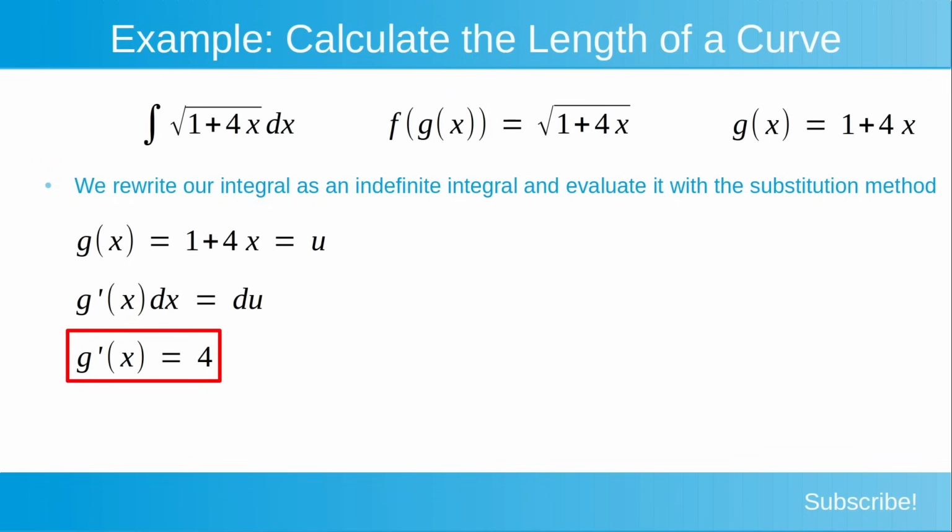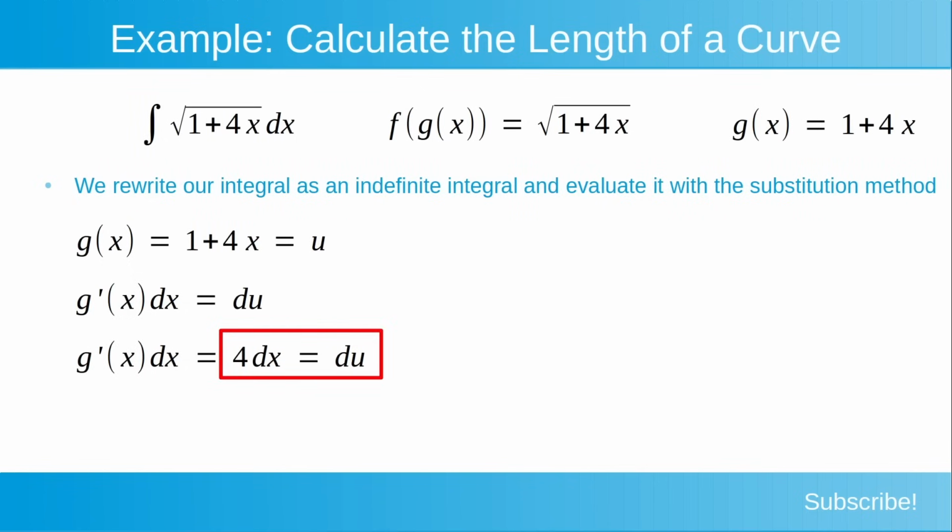When we do this, we get that g prime x dx is equal to 4 dx. We want to set du to be equal to g prime x dx. So we set 4 dx equal to du.